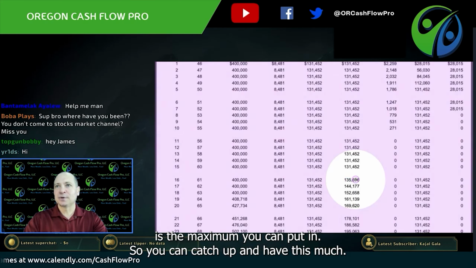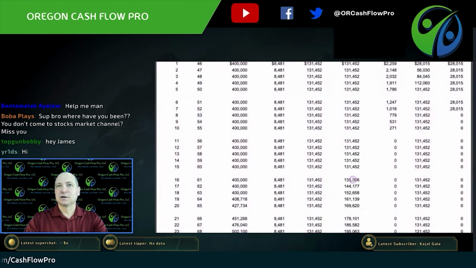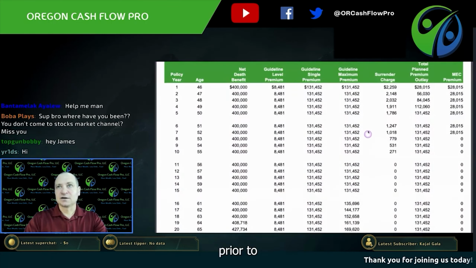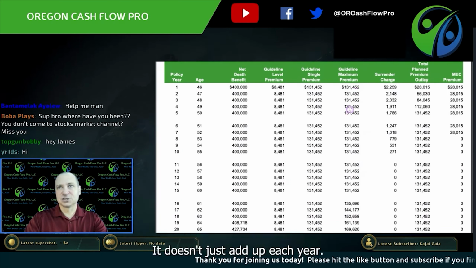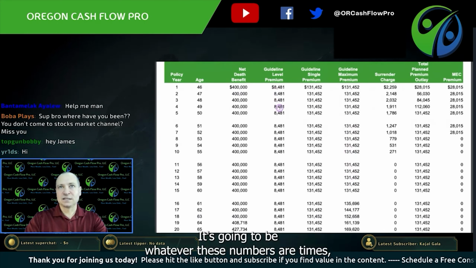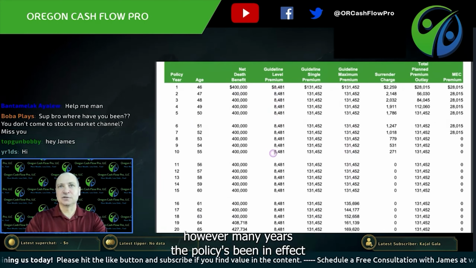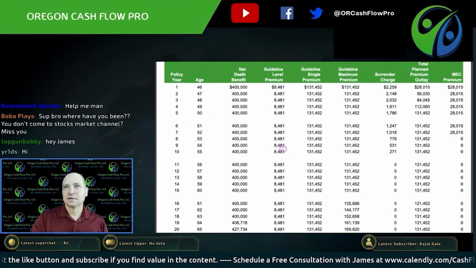So you can catch up and have this much. Now that's beginning in year 16. Prior to that, you're going to be subject to these limits each year. It doesn't just add up each year. It's going to be whatever these numbers are times however many years the policy's been in effect.